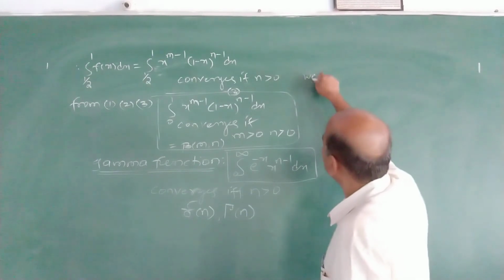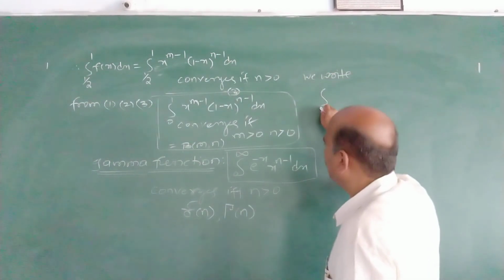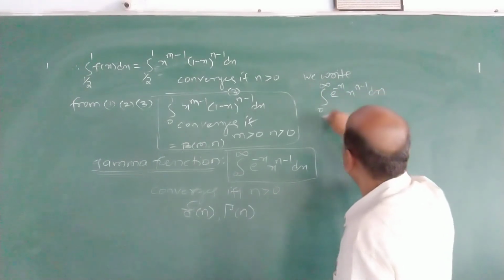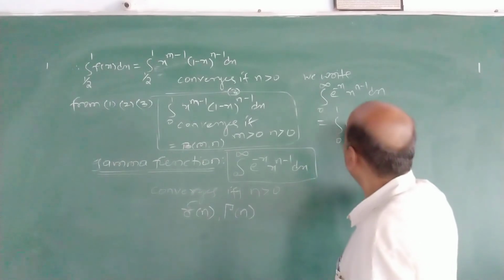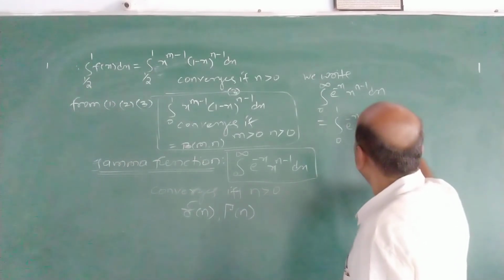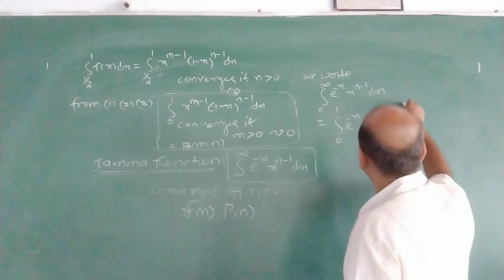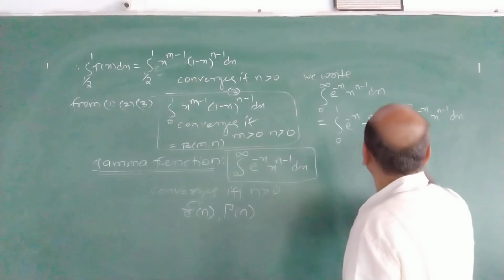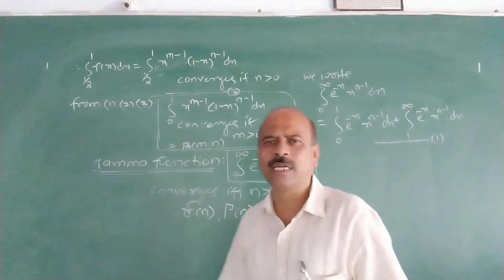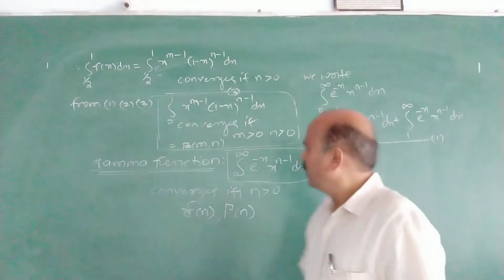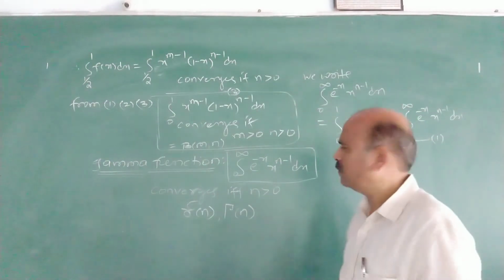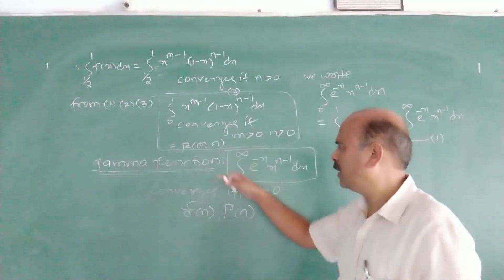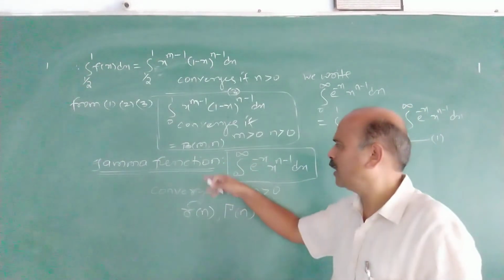We write the integral from 0 to infinity of e raised to minus x, x raised to n minus 1 dx as the integral from 0 to 1 plus the integral from 1 to infinity, and we discuss the convergence. I think in this video it is not possible to complete the convergence; I will explain the convergence in the next video.